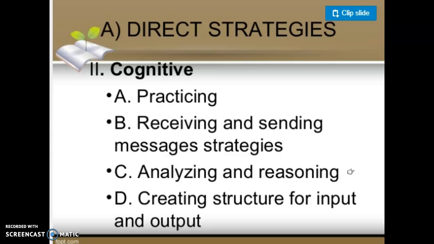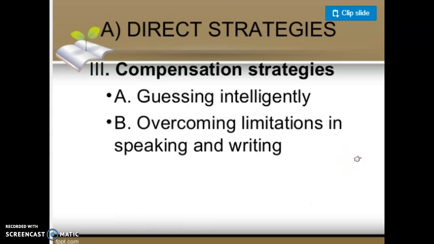And then analyzing and reasoning, creating structure for input and output. And then compensation strategies are for guessing intelligently and overcoming limitations in speaking and writing.